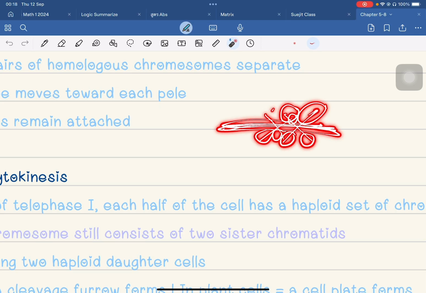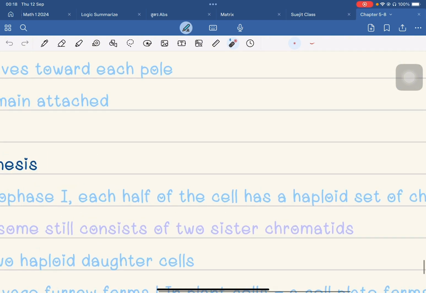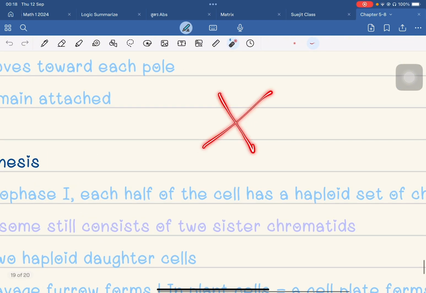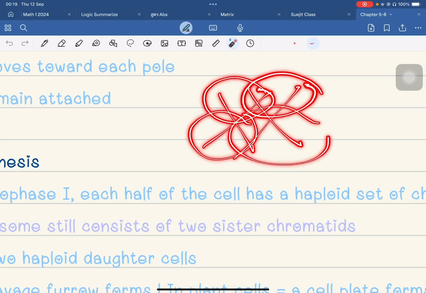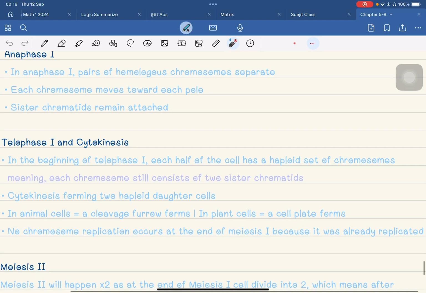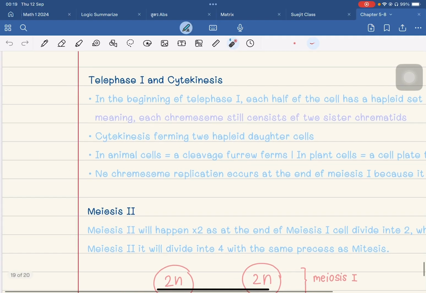See, four. It's like this, right? This is one, this is one, this is one, and this is one. Four in total, or like two sister chromatids.